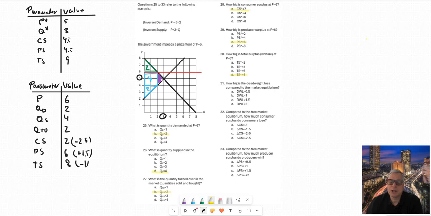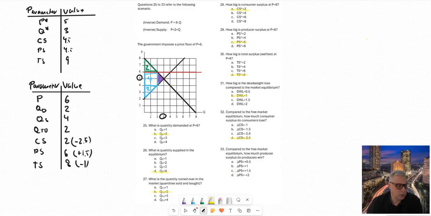How big is the deadweight loss? And we said that is 1. Compared to the free market equilibrium, how much consumer surplus do consumers lose? The consumers lost 2.5. And compared to the free market equilibrium, how much did the producers win?